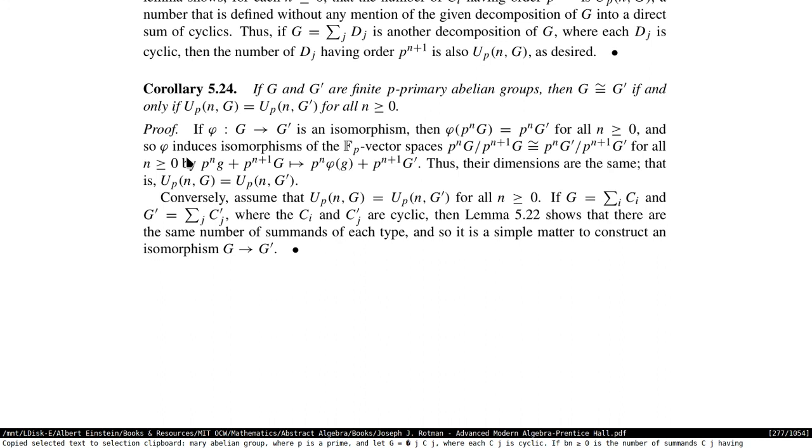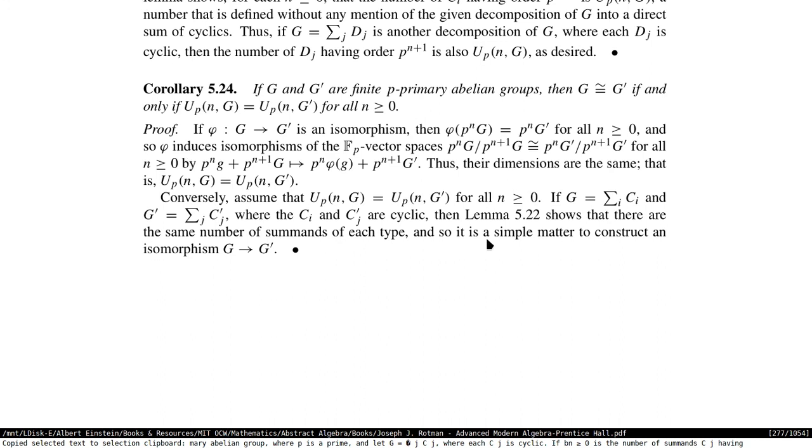Now the converse, because this is an if and only if statement, right? Conversely, if you assume that your UPs are the same for all n, then if G has some decomposition into cyclic groups C's and G prime has some decomposition into C primes, then by Lemma 5.22 we show that there are the same number of summands of each type.